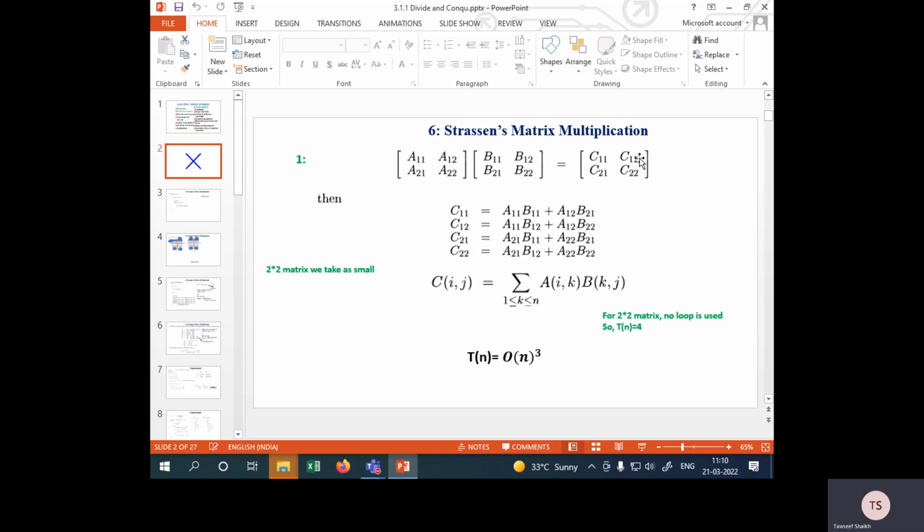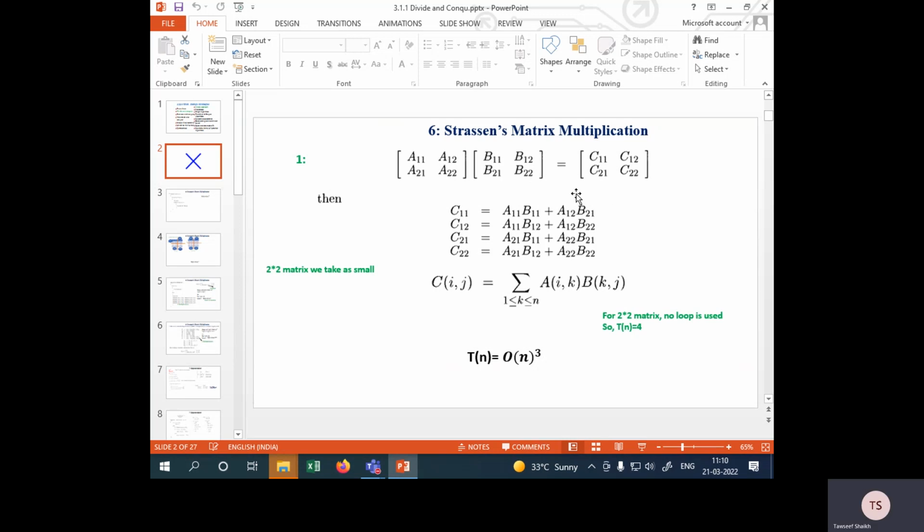The second element, C12, will be equal to the same row but with the next column: A11 B12 plus A12 B22.